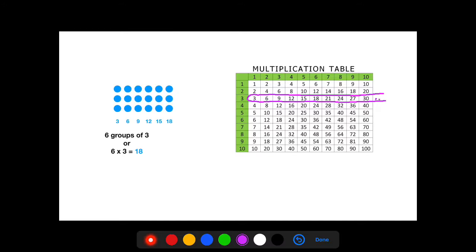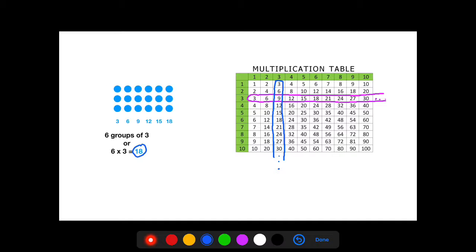So this will keep going. And of course, if you're looking at multiplication chart, you can also go down the column. Here's that 3 again, and you notice these are exactly the same numbers: 3, 6, 9, 12, 15, 18. So that's multiples. So when you're asked to find multiples, think multiply, and you're always looking for the product.